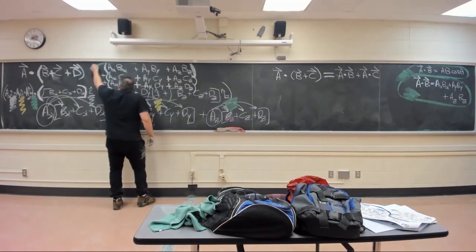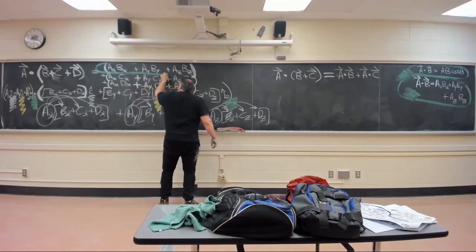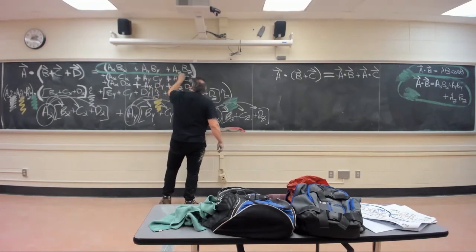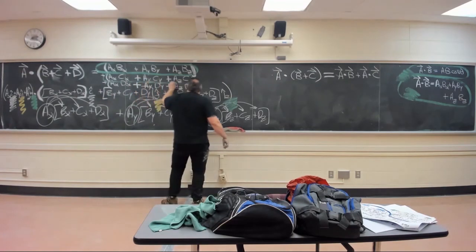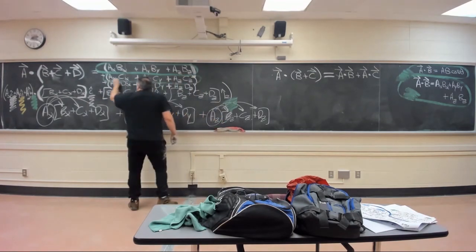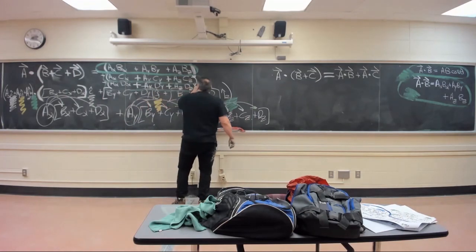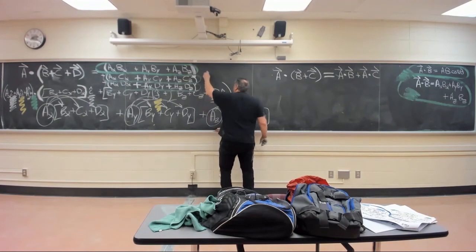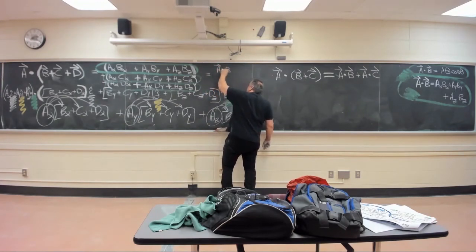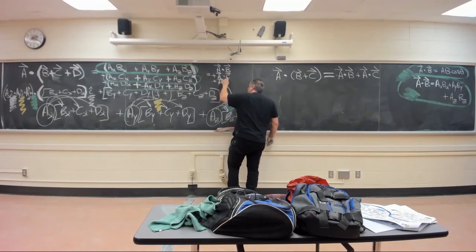Look, this is AXBX up top, AXBX plus AYBY plus AZBZ. This is AXCX, AYCY, AZCZ. This is AXDX, AYDY, AZDZ, which is A vector dot B vector plus A vector dot C vector plus A vector dot D vector.